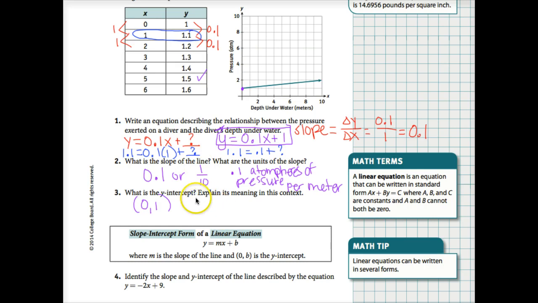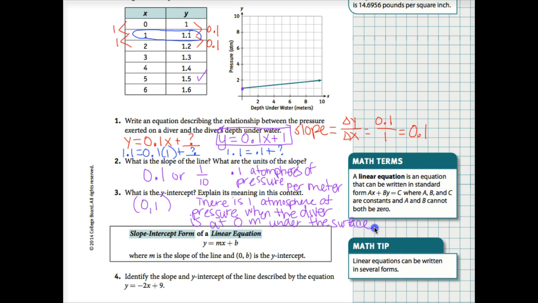So we would say there is 1 atmosphere of pressure when the diver is at 0 meters under the surface or under the water.